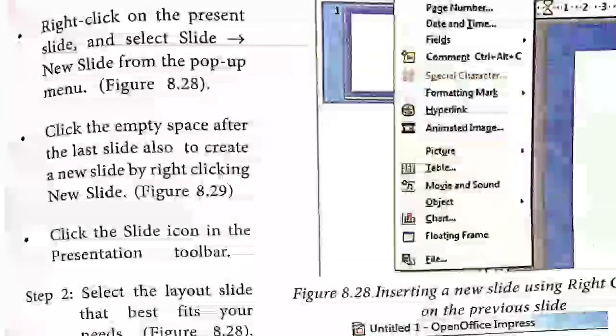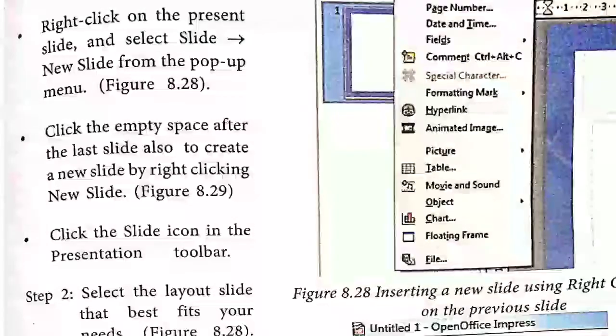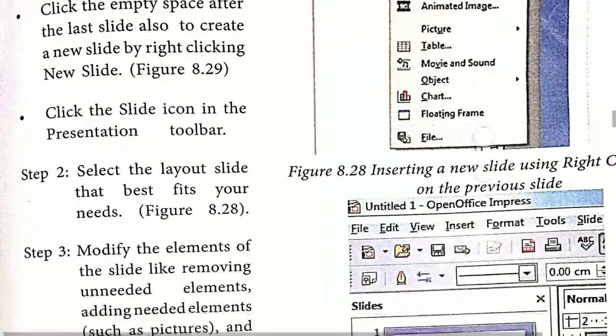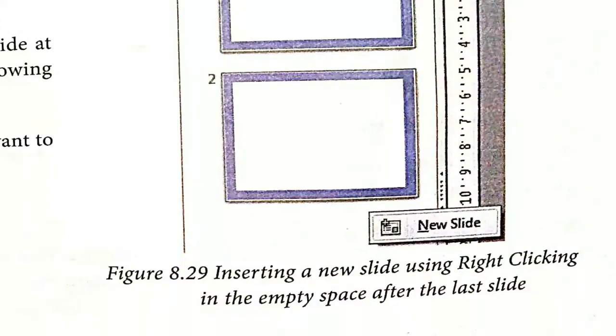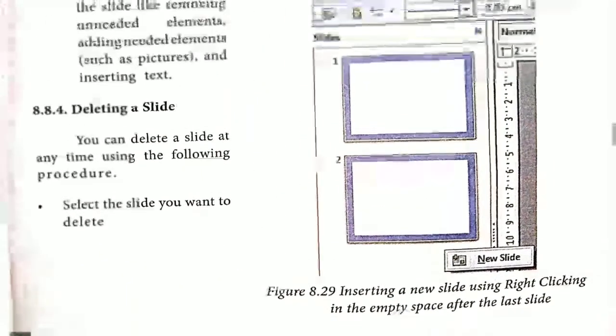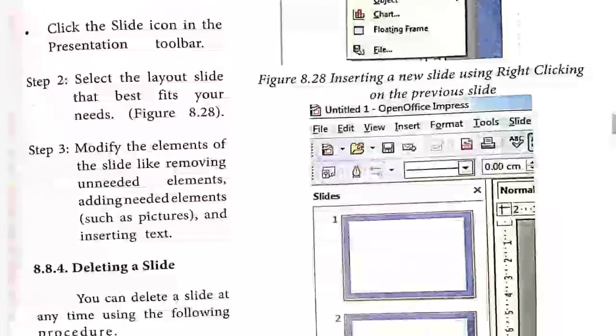You can also click an empty space after the last slide and right click to create a new slide. In the empty space in the slides pane, right click on it, and you can see new slide, which is available here in figure 8.29. This way you can create a new slide.